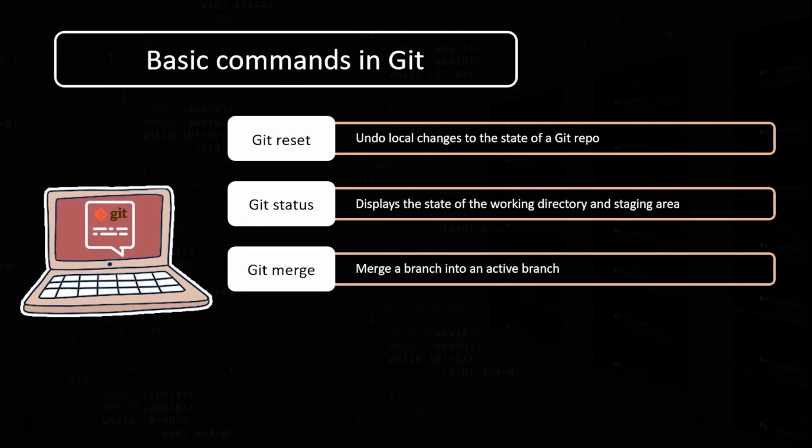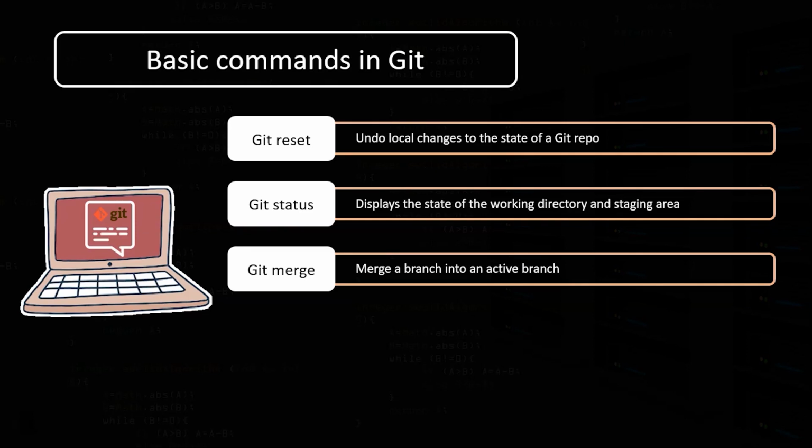Right, the next thing is git merge. Git merge is a very specific command which is used to move the changes from one branch to another. At any moment, if you are working on some other branch like the develop branch or some other feature branch, and you want to move the changes from this feature branch to the master branch, you don't have to do the commits all over again in the master branch.